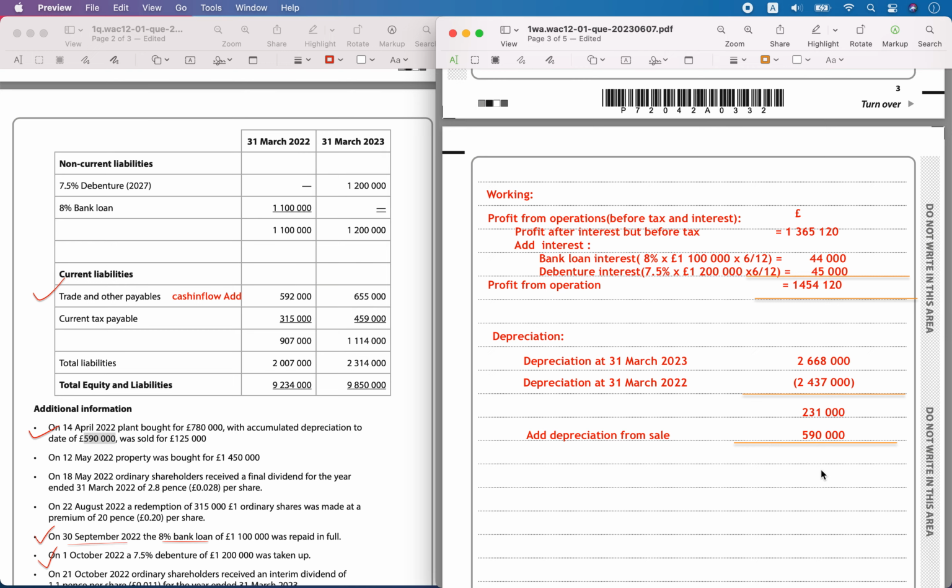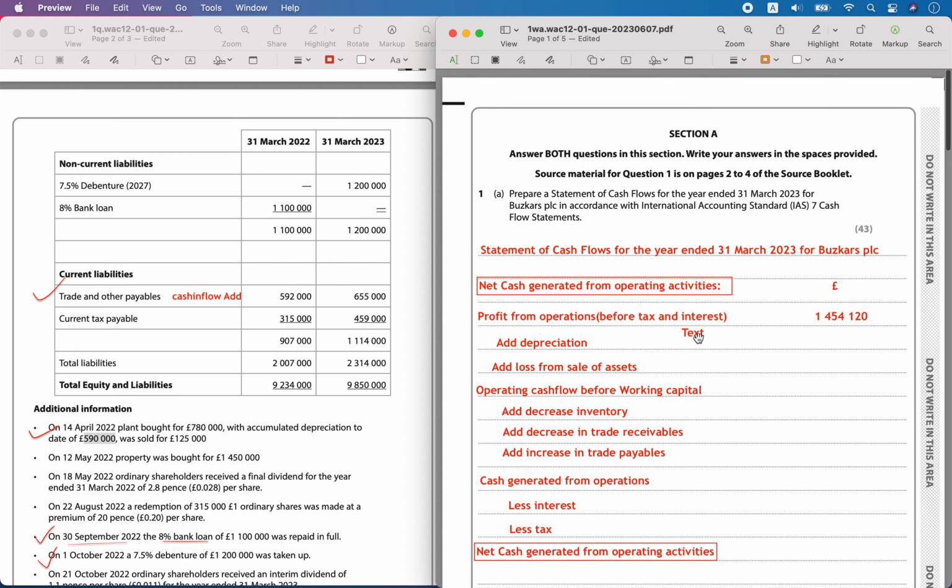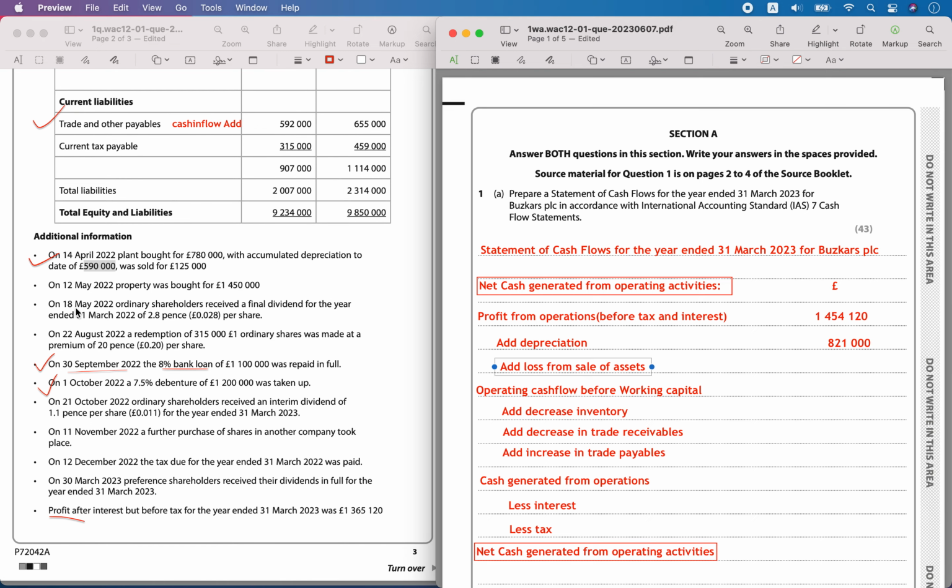So the total depreciation I have to add back to the profit is 821,000. So let's write it here. The depreciation charge that's going to be added is 821,000. Then we have to add any loss or subtract profit.